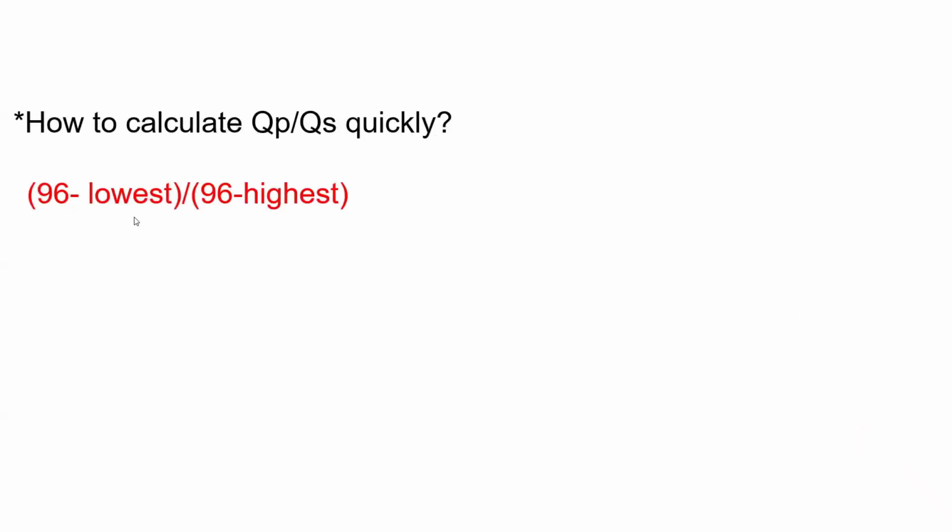It's 96% minus the lowest O2 sat in the right-sided chamber divided by 96 minus the highest. So you have a step up of 70 to 80%. The QP-QS is 96 minus 70 divided by 96 minus 80. So that's a quick way of calculating QP-QS.